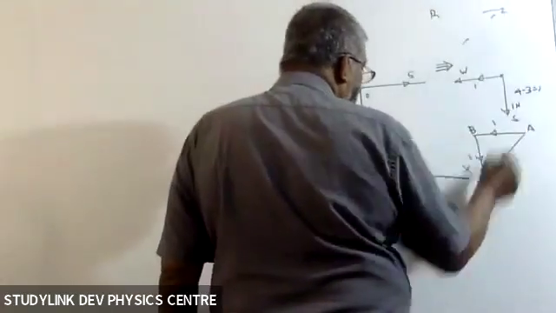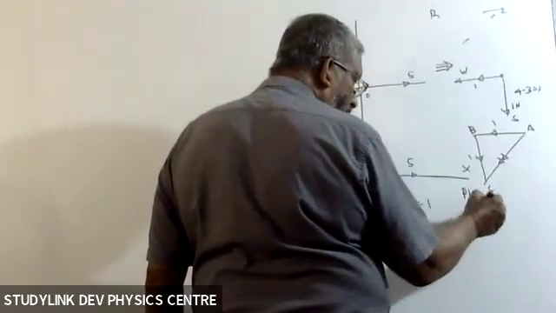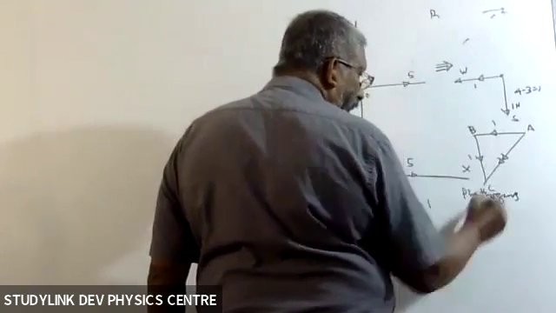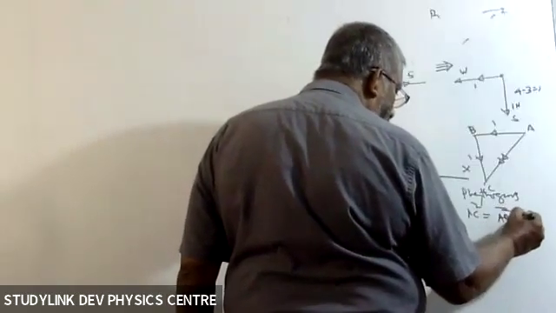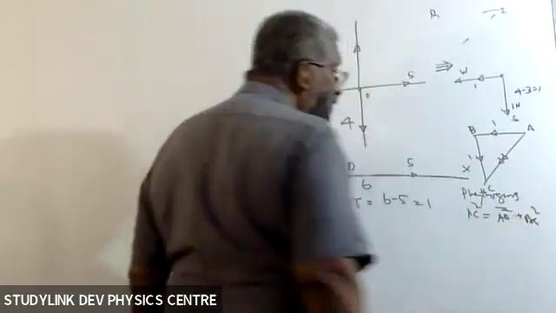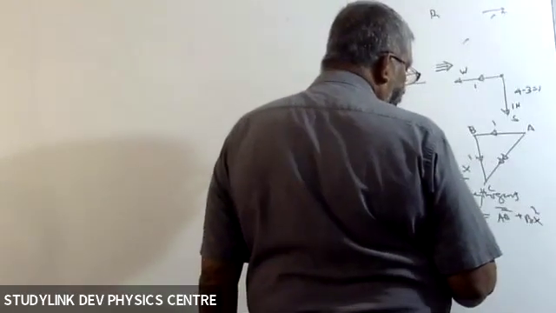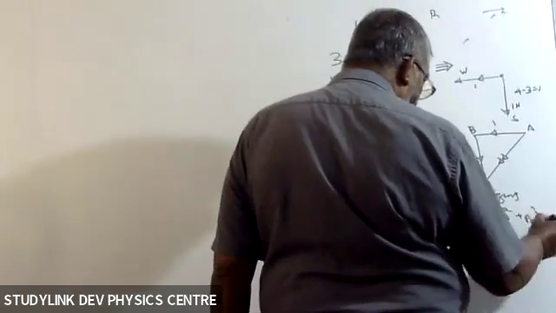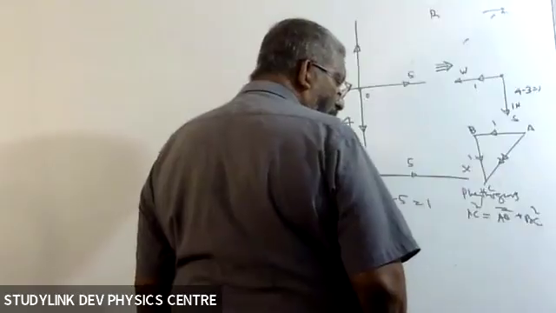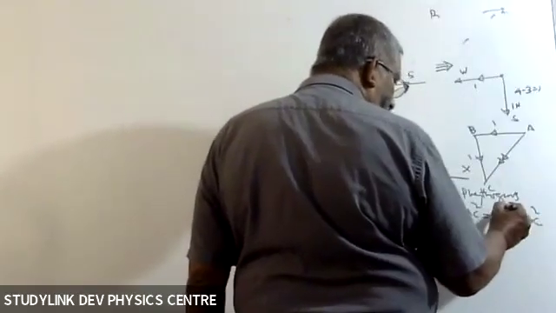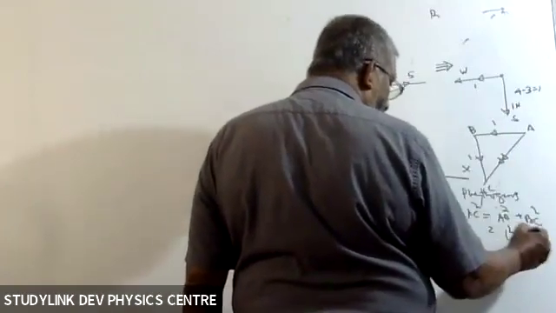Normally, AC squared is equal to, Pythagoras, AC squared is equal to AB squared plus BC squared. Sorry, that is C. AB squared means 1 squared, BC squared means 1 squared.